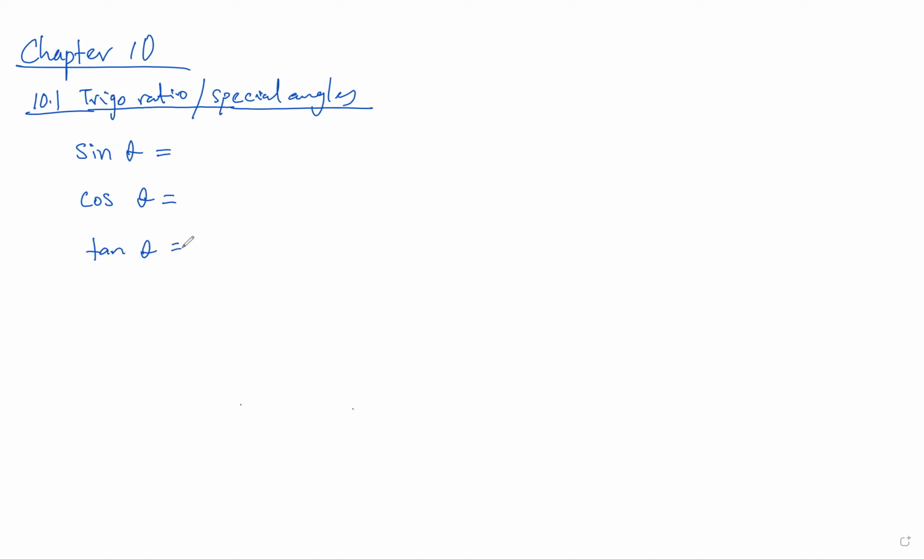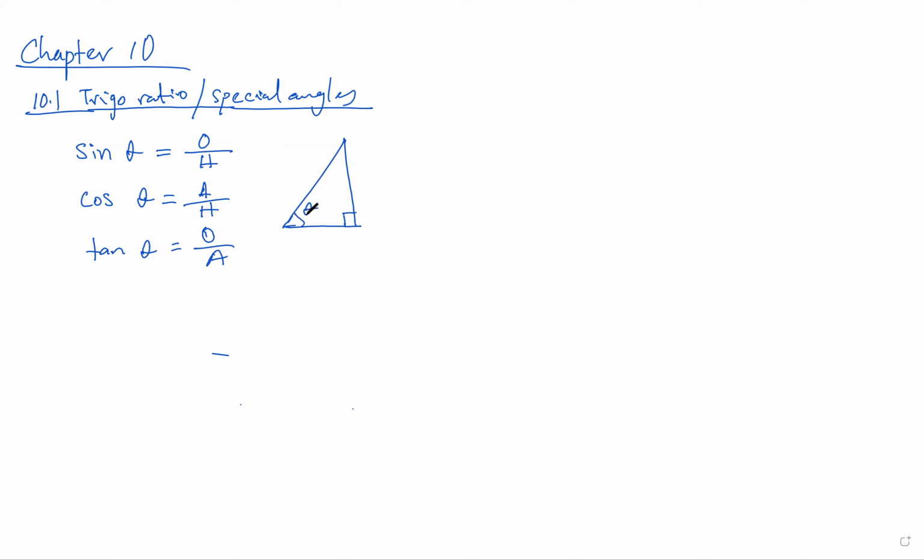They are called ratios because sine of an angle is equal to the ratio of opposite over hypotenuse. Adjacent over hypotenuse is for cosine theta. Tangent theta is O over A. And all these are fundamentals from your right angle triangle.